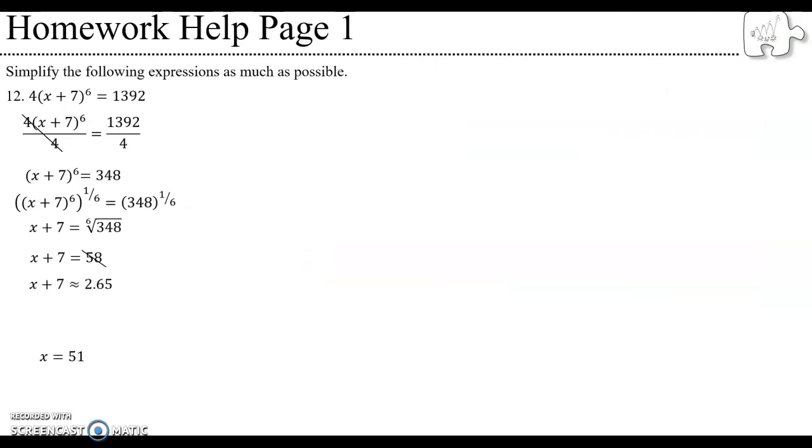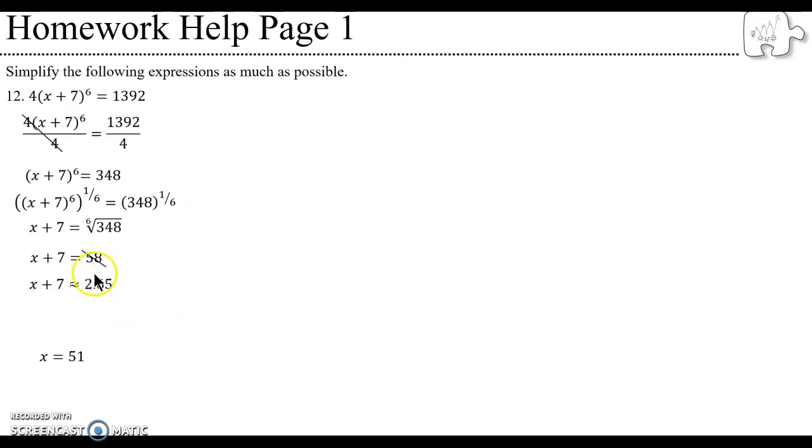It's not 58. It's around 2.65. So that'll change your answer. So you're not going to get x equals 51. You're going to subtract 7 from both sides. You'll get x equals about negative 4.